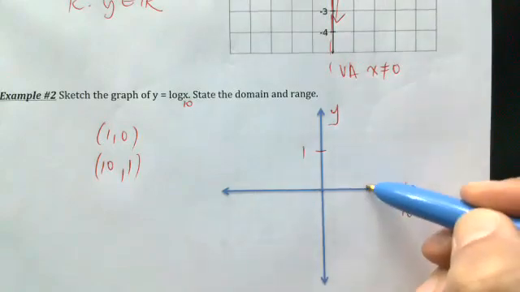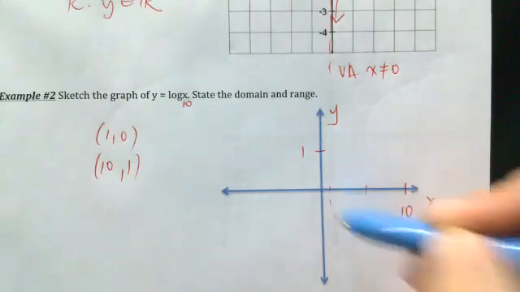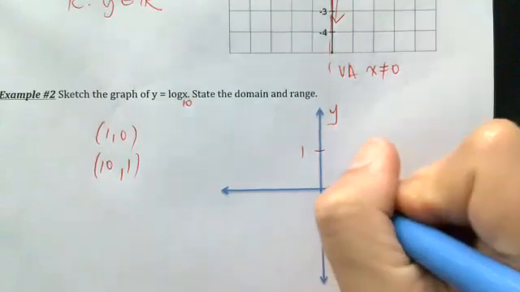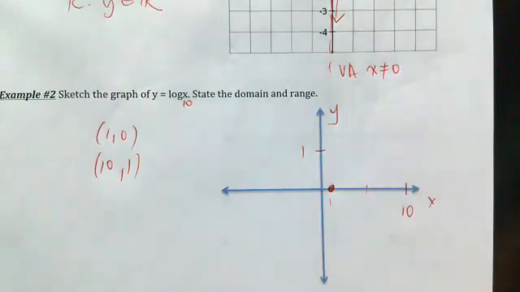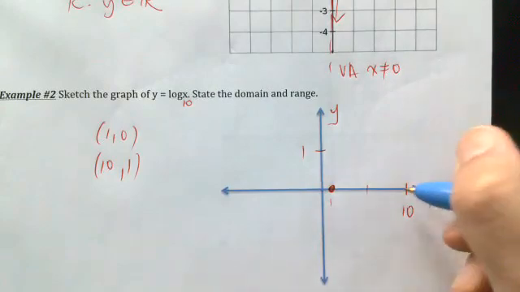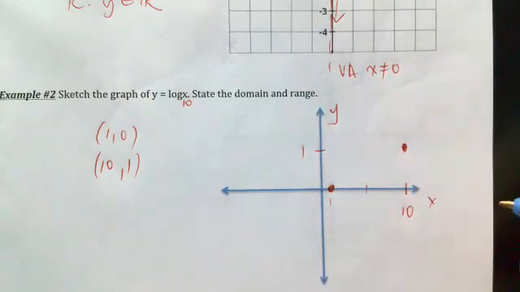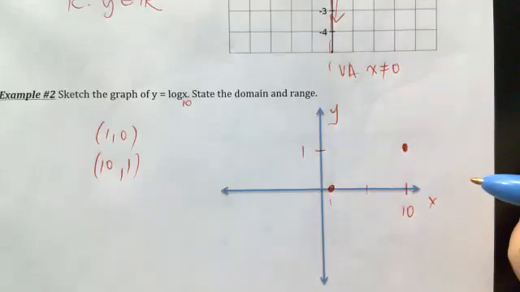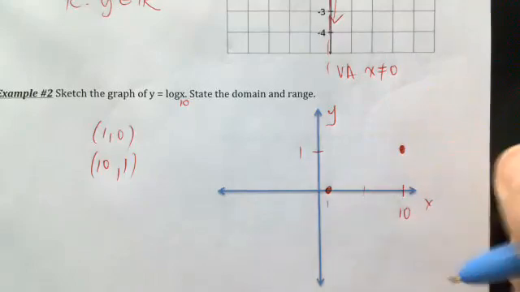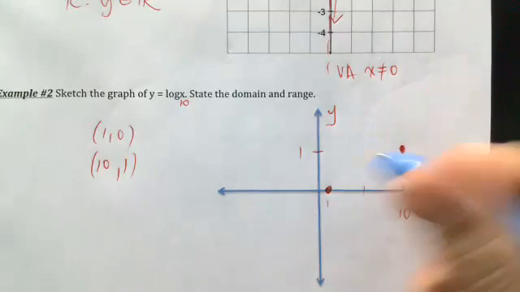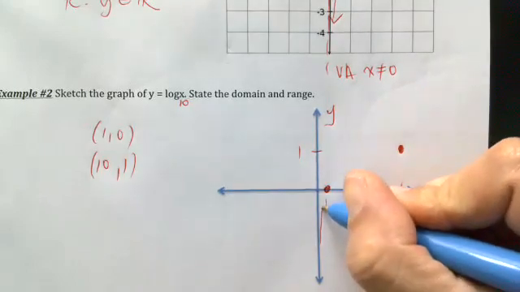And then that's 5, and that's about 1 there, right? So the crossing happens there at (1, 0), and the next point at (10, 1). So definitely you can see I stretched the scale for y, so it's easier to sketch this function.